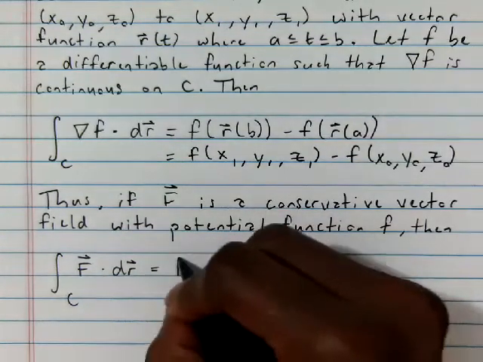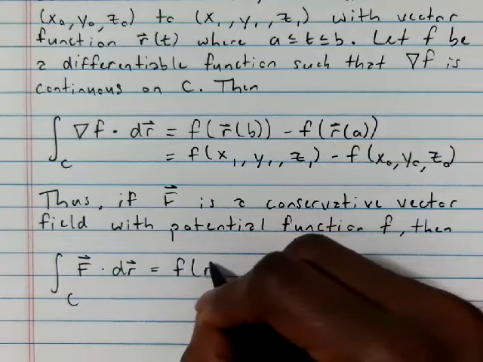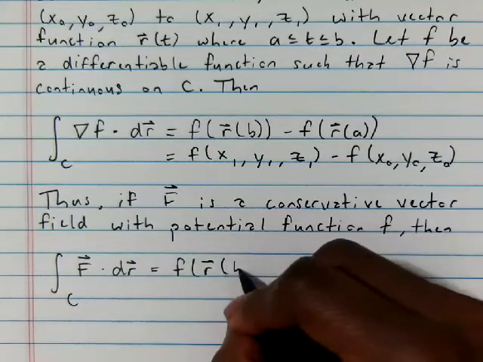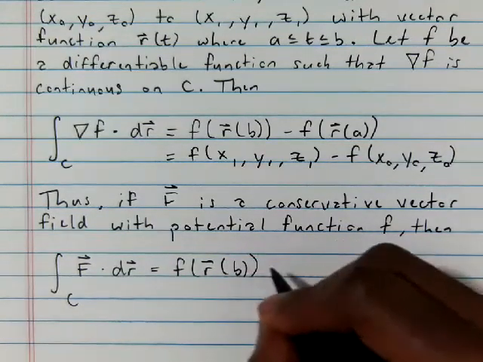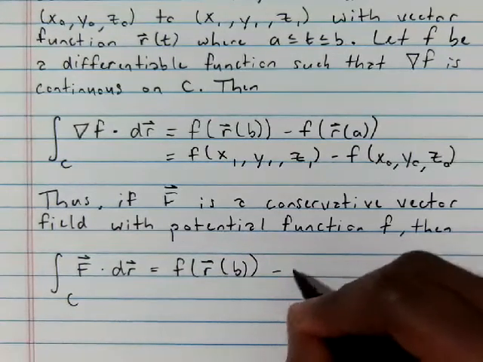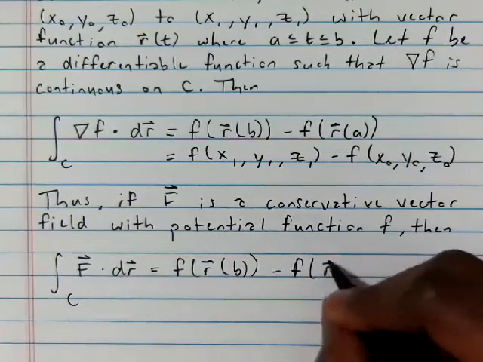So it equals the potential function f evaluated at r of b minus the potential function f evaluated at r of a.